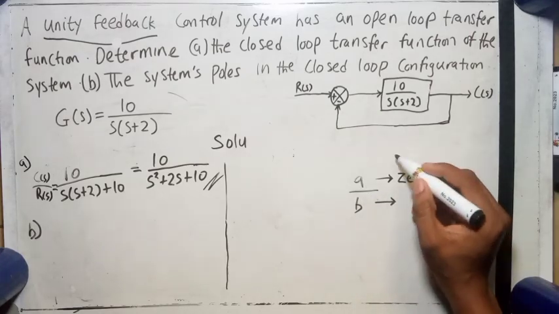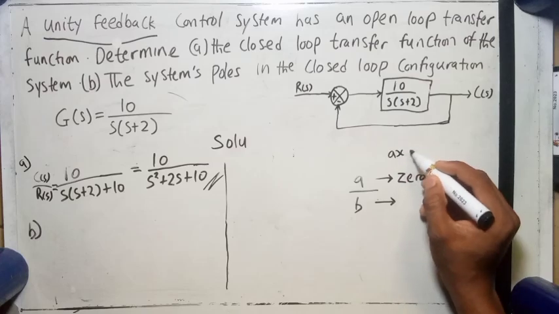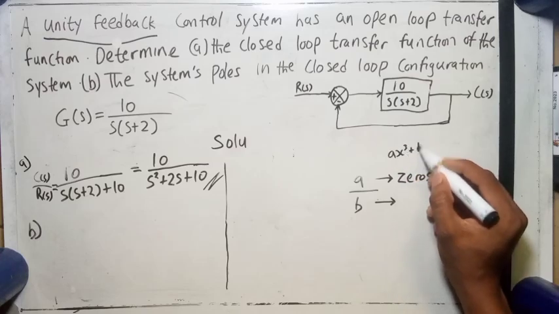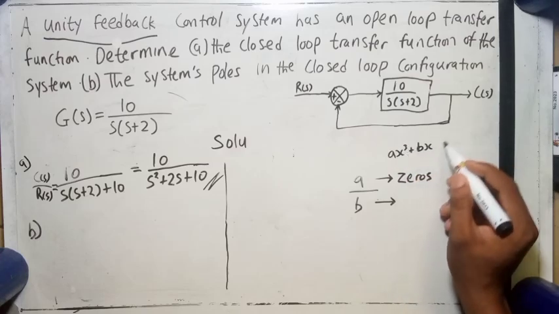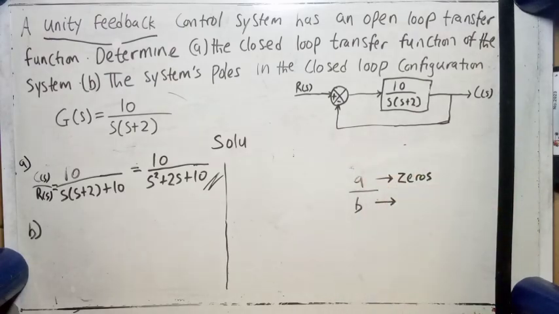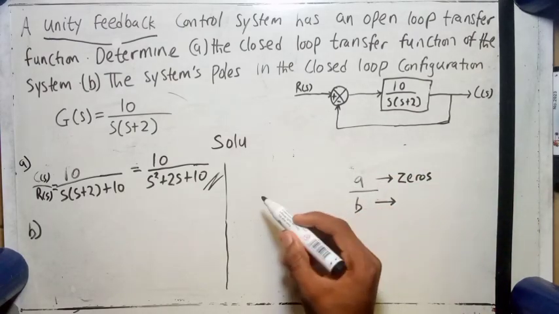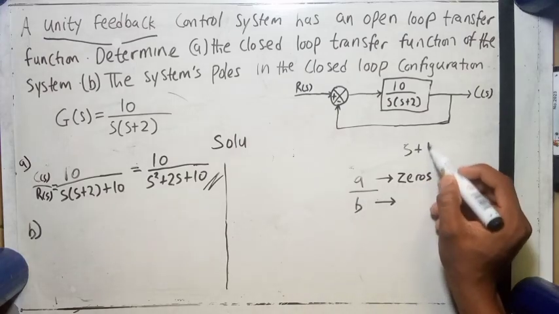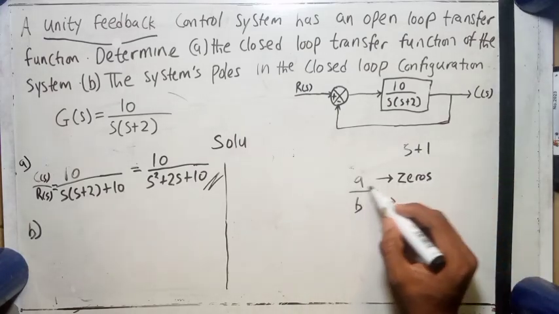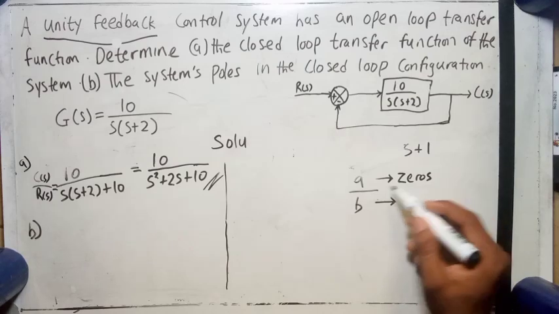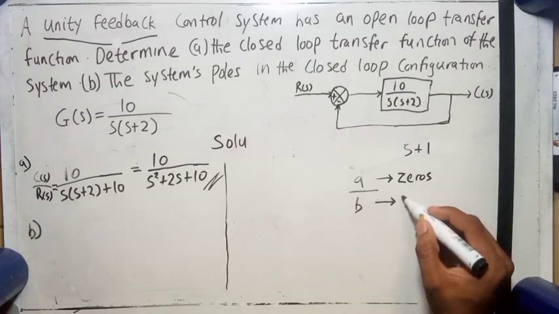When I say polynomial, that is like ax raised to power 3 plus bx raised to power something like that. It can be quadratic. But whatever function is on top, we call them zeros, and the ones down we call poles.